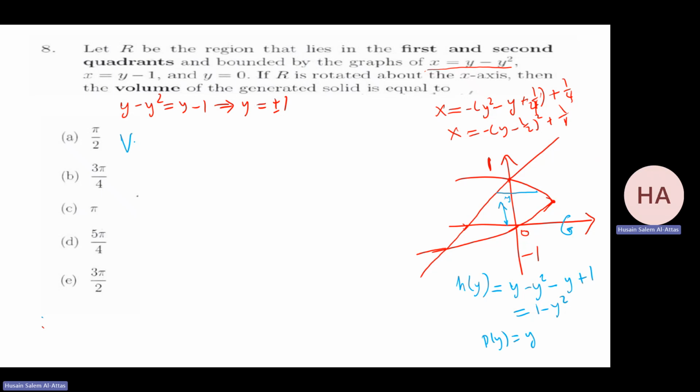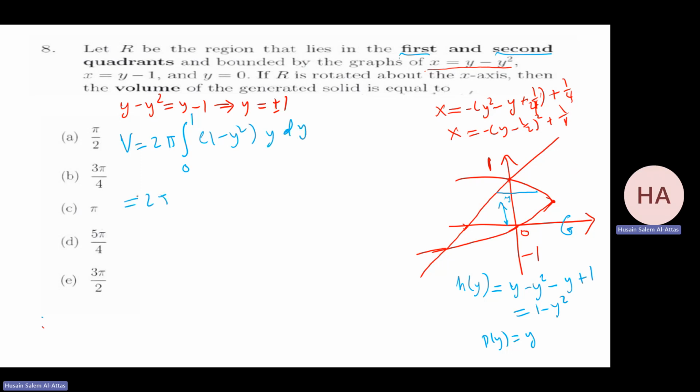So the volume will be 2 pi from where to where? It's not from minus 1 to 1. It's from 0 to 1 because I need only the first and second quadrant. Now h of y times b of y dy.